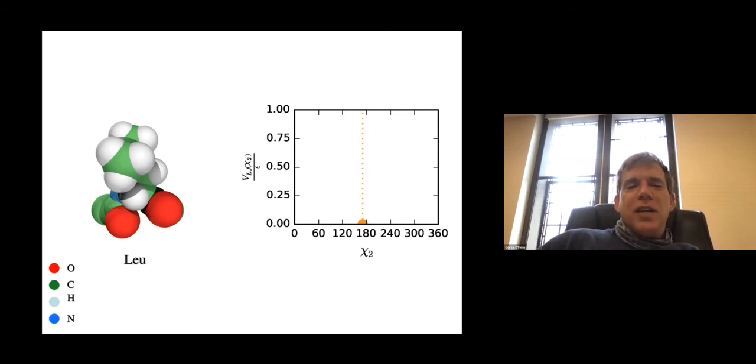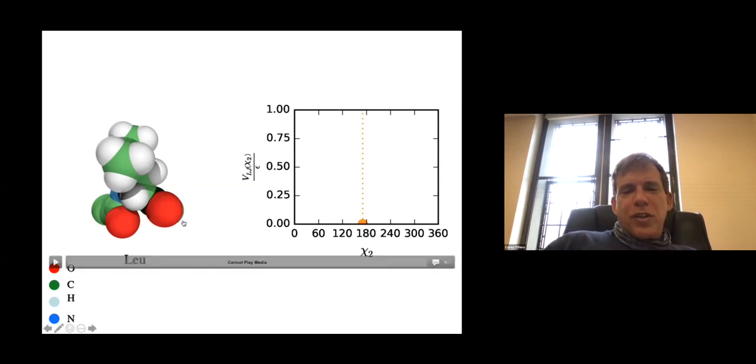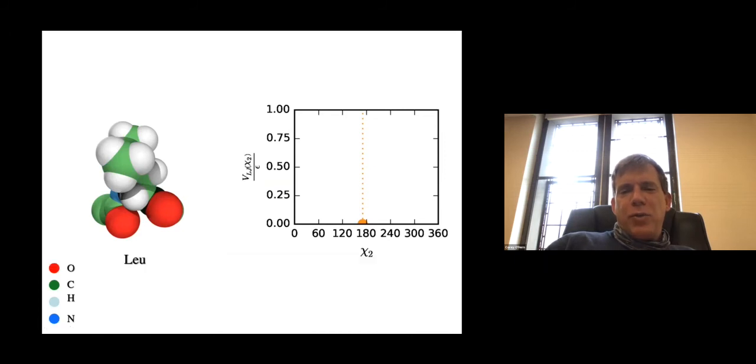Those would be inter-residue or inter-amino acid, that's INTER, atomic overlaps. For this particular movie, I'm just going to look at intra-residue overlaps. The vertical axis represents the overlap energy between non-bonded atoms, and you're going to see fluctuations.